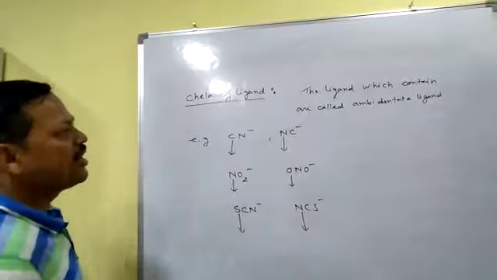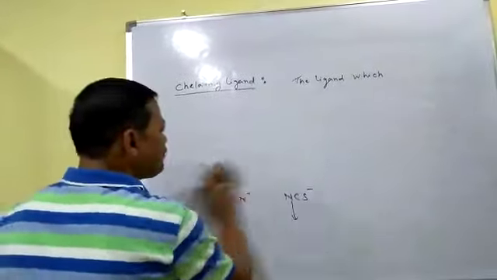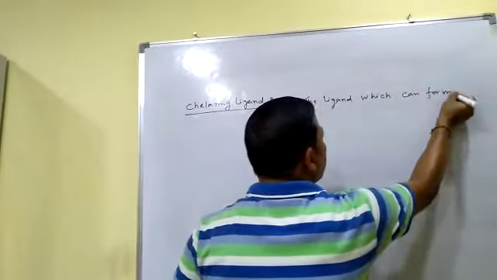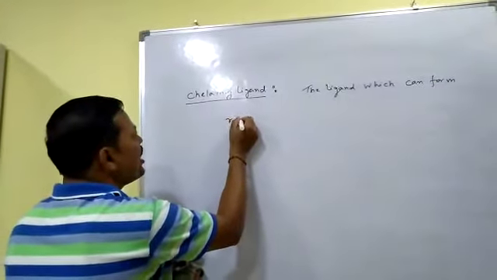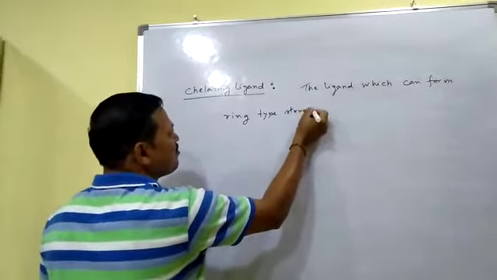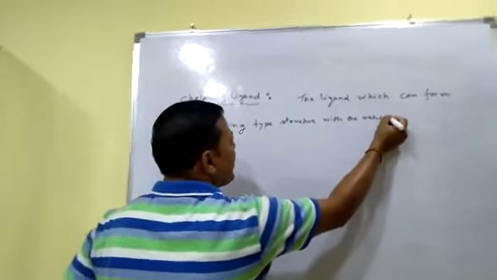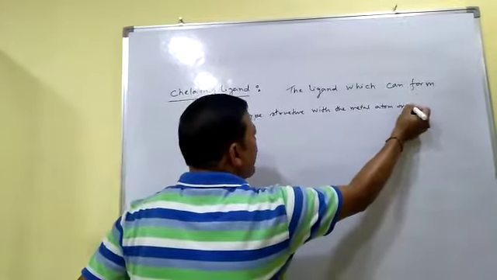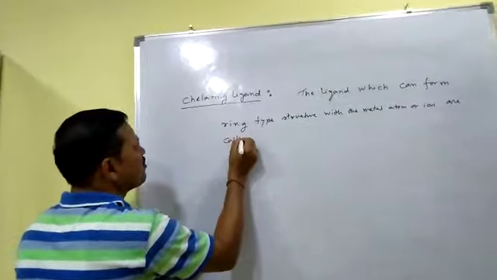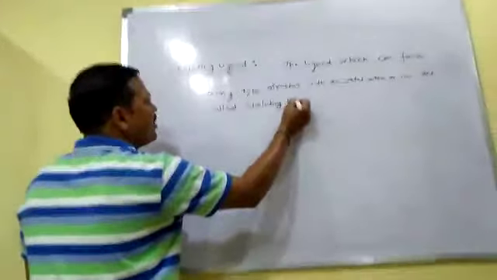Its definition is the ligand which can form ring type structure with the metal atom or ion are called chelating ligand.